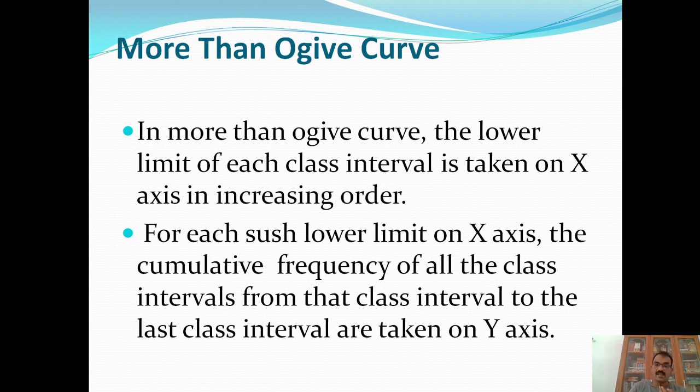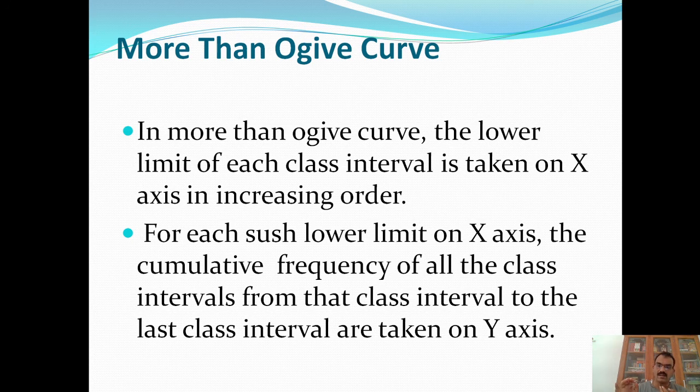For each such lower limit on the x-axis, the cumulative frequency of all the class intervals from that class interval to the last class interval are taken on the y-axis.